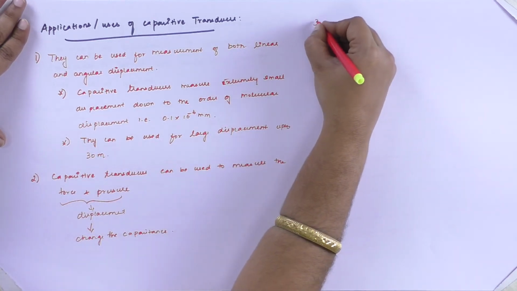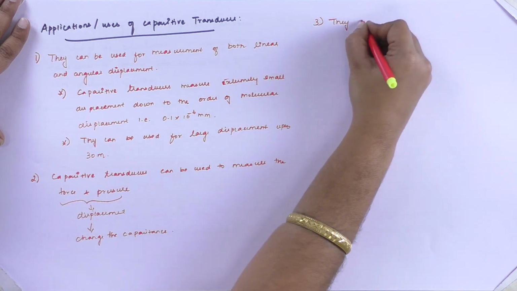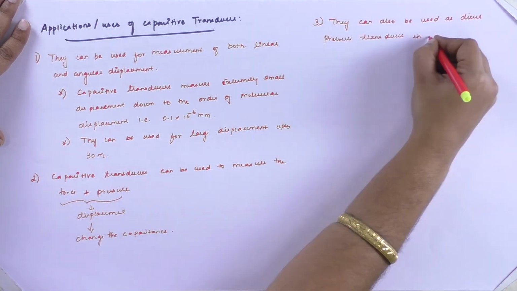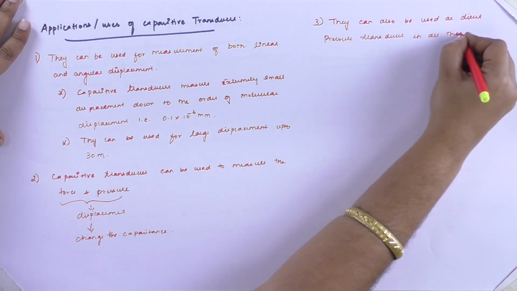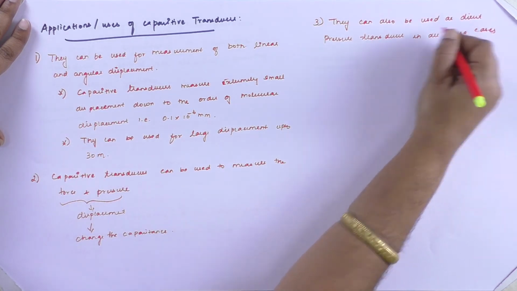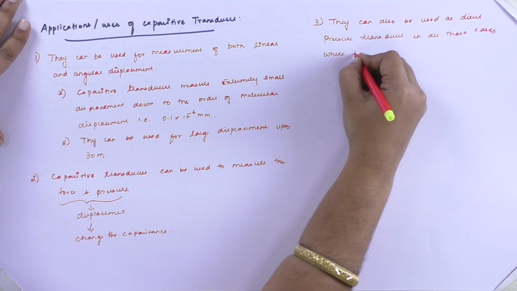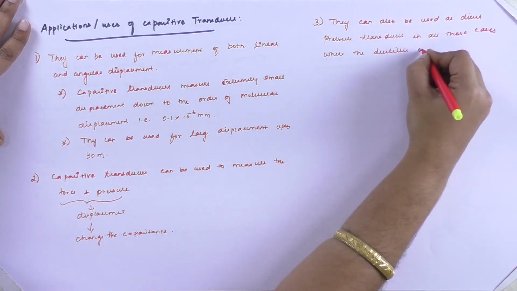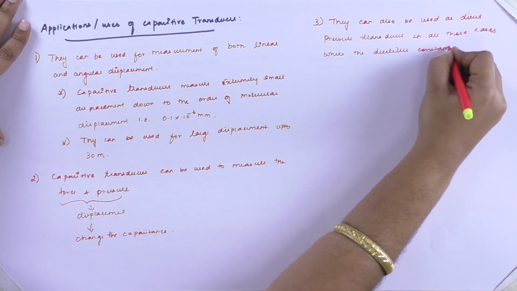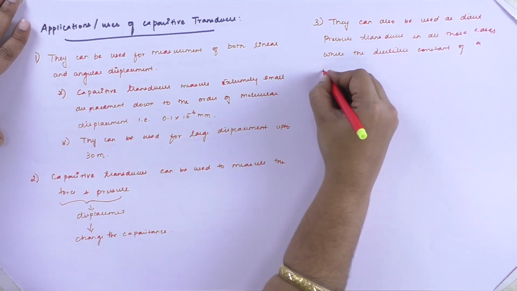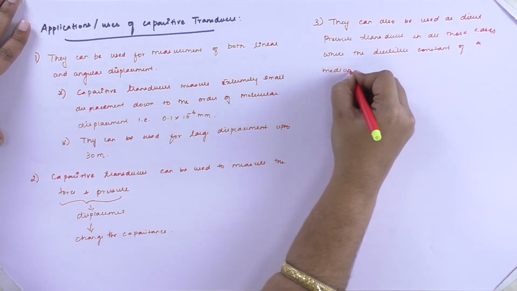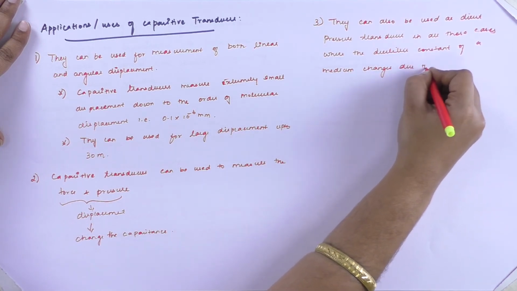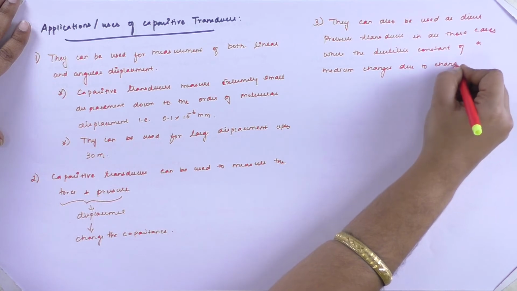And the third application is they can also be used as direct pressure transducer, in all those cases where the dielectric constant of a medium changes due to change in pressure.